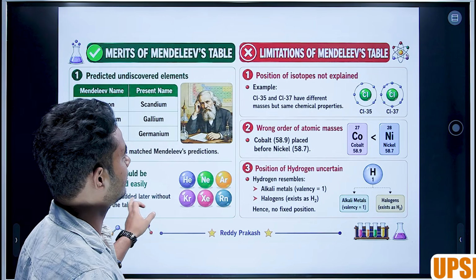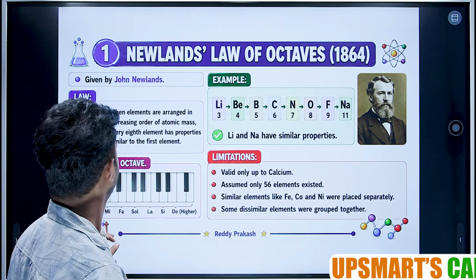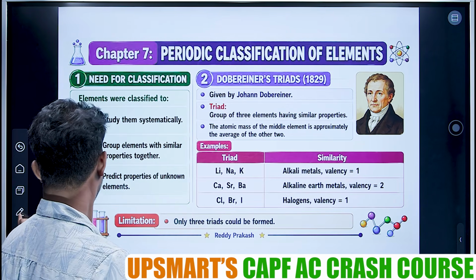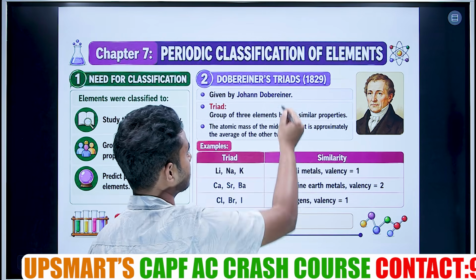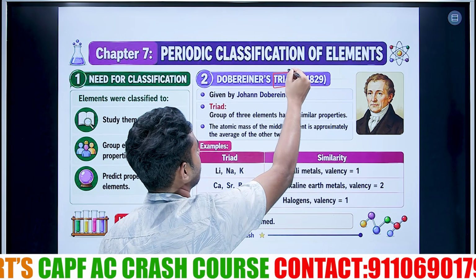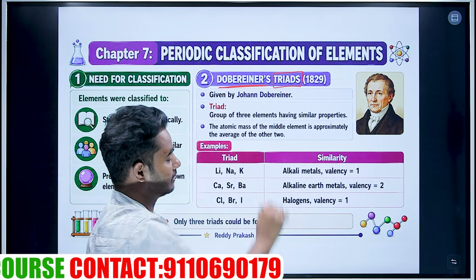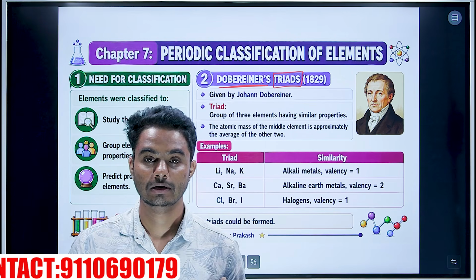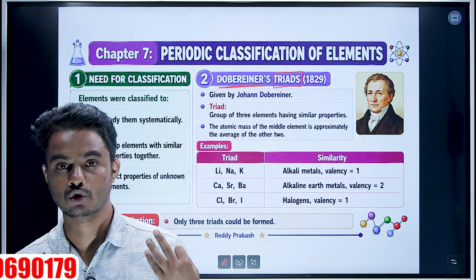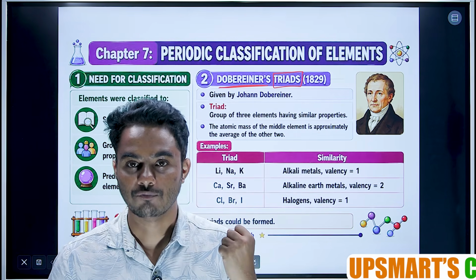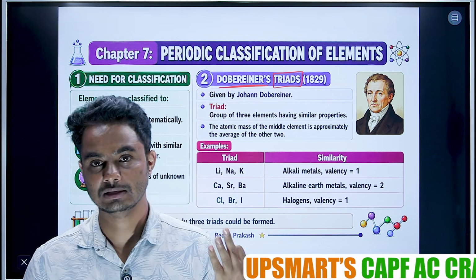Now I'll take you to the history. There is something called triads, given by Dobereiner. Triad means a group of three elements, and he gave a theory to explain why these three elements.